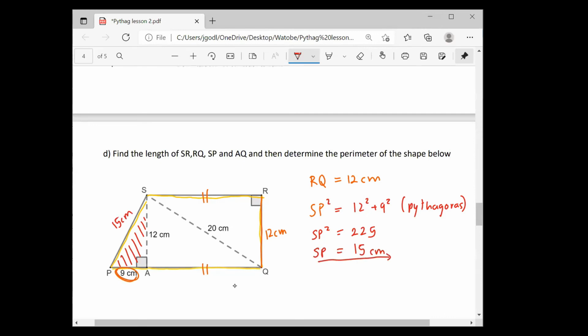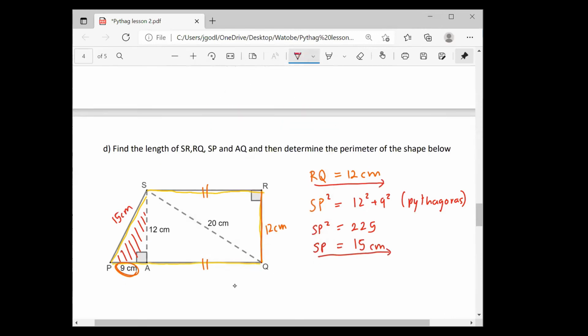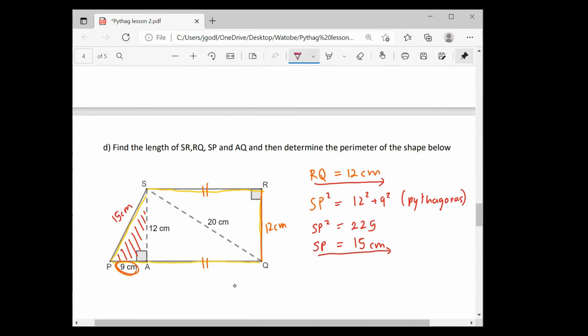Remember, each thing you find, you would get marks for. Now if I wanted to find AQ, that's part of this triangle here. I can say that SQ, so 20 squared, is equal to 12 squared plus AQ squared because of Pythagoras.